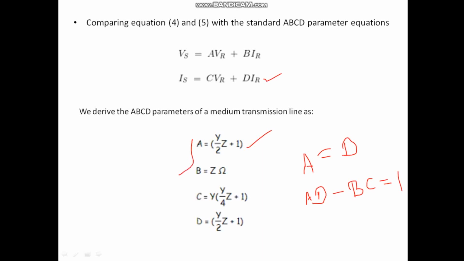Okay, so these are my transmission line parameters A, B, C and D. This is for the pi model for the medium transmission lines. So just go through the analysis, not derivation, the analysis for the medium transmission lines, the pi model and the T model. Next class onwards, I'll start with the numericals. Hope these things were clear. Okay, thank you.